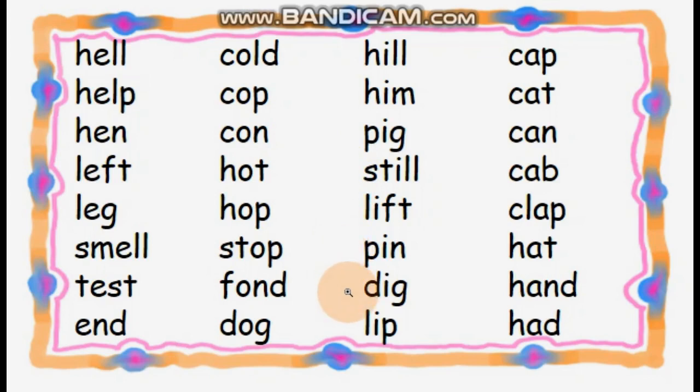Pin. Dig. Lip. Cap. Cat. Can. Cab. Clap. Hat. Hand. Head. Okay, very good.